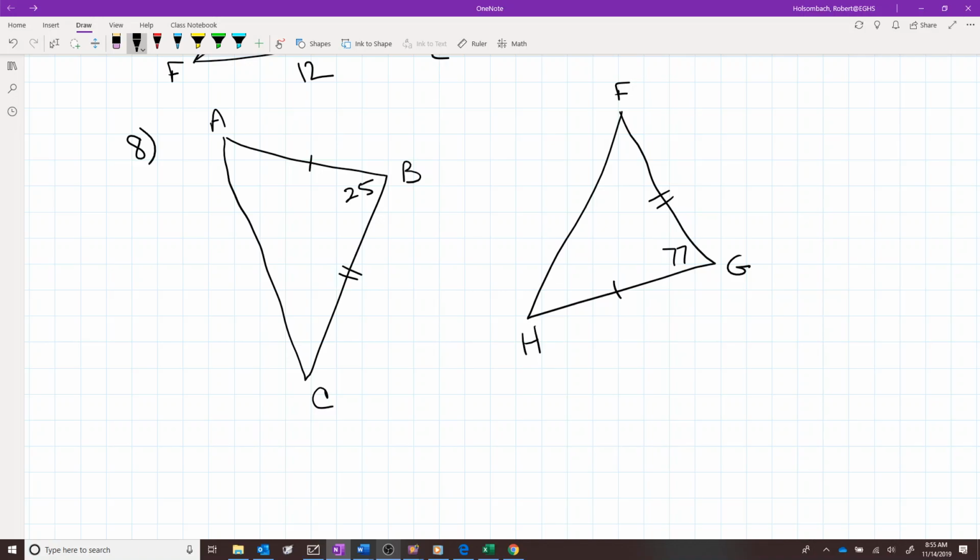Alright, if you look at these two triangles, you've got two sides that are congruent to each other. AB is congruent to HG, and BC is congruent to FG.